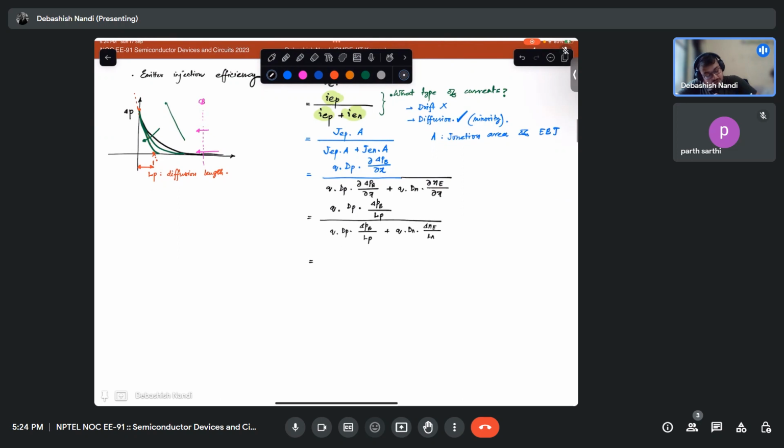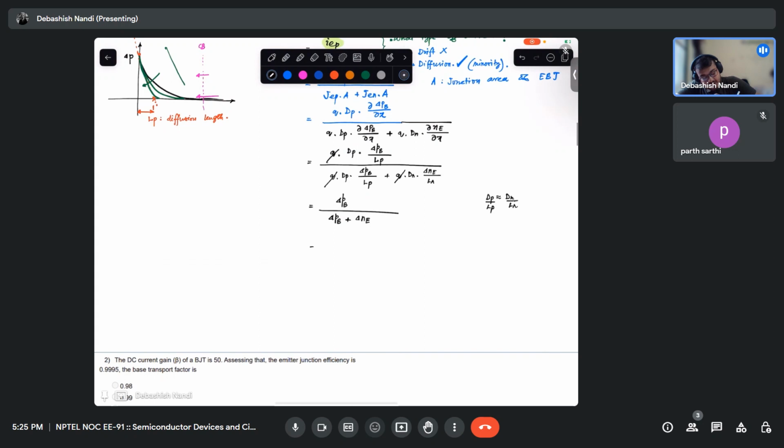So let us make some more approximation. Let us take del P by L_P to be almost equal to del N by L_N. Then we can take this common and q gets cancelled. So we will be left with delta P_B over delta P_B plus delta N_E. What is delta P_B, by the way?